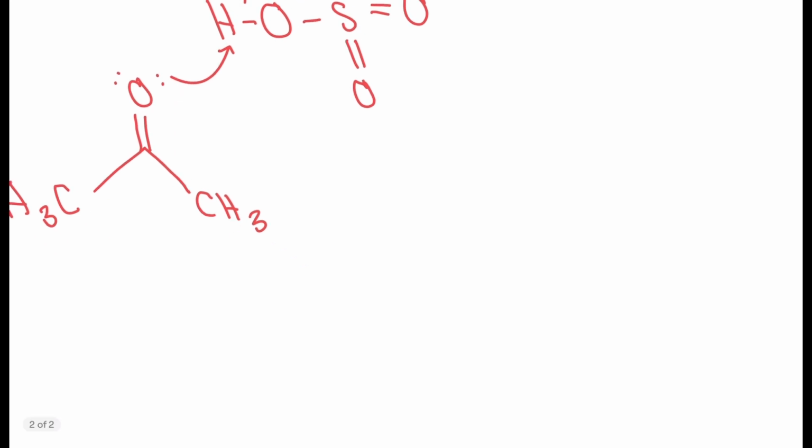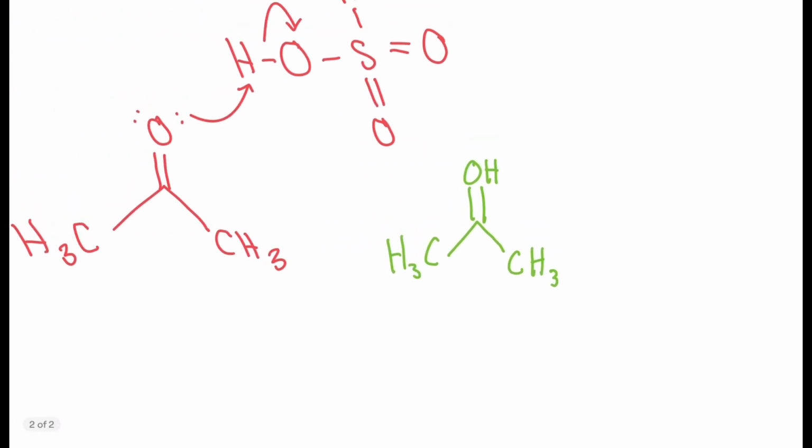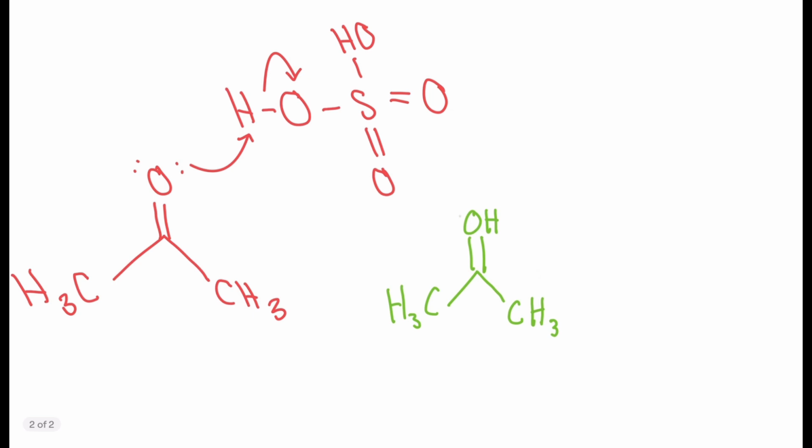It would be written out as H3C bonded to a C right here, but we won't draw that, to a CH3, double bonded now to OH. Now this O here just gains a new bond with H. It still has its other lone pair of electrons, and it makes it positive.